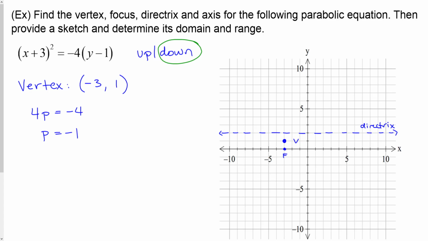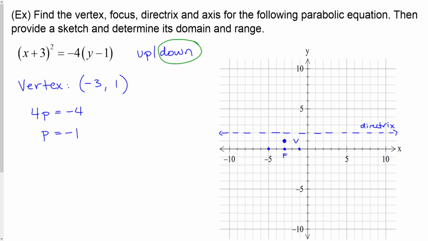Now, to determine what's happening with the parabola outside of those points, the length of the latus rectum is going to be 4 units. So 2 units on each side. All right. That shows me how wide this parabola is going to open up.